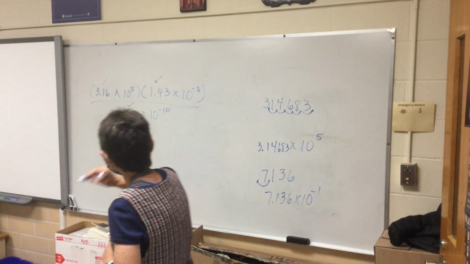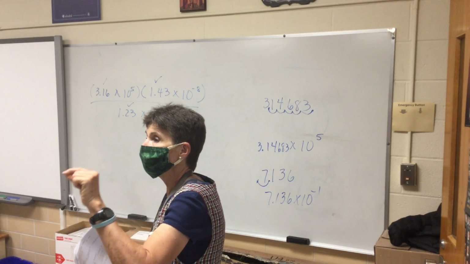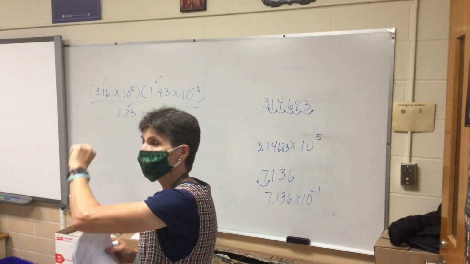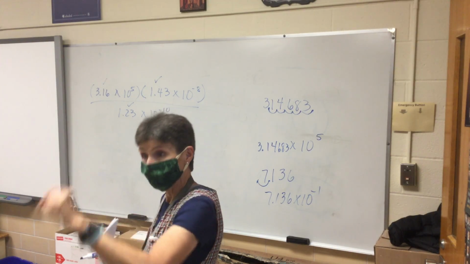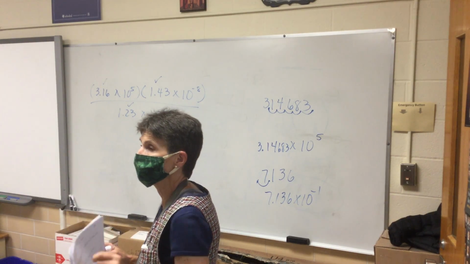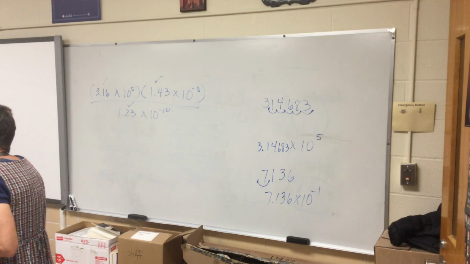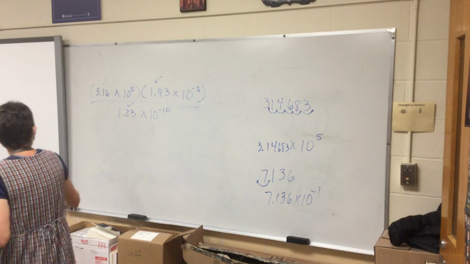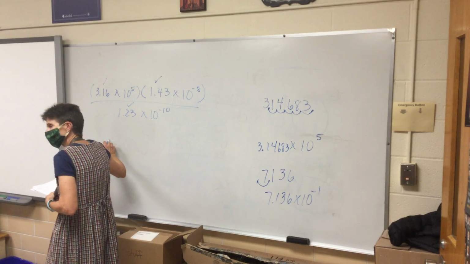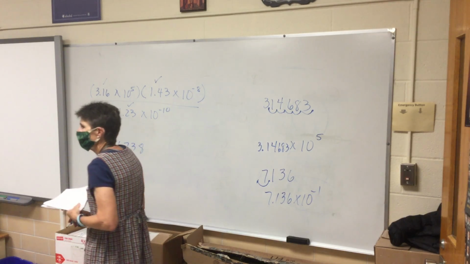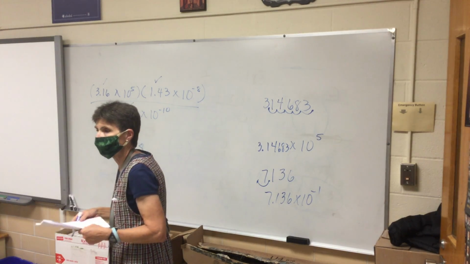So someone with a calculator, 3.16 times 1.43 divided by 1.23. So what is it? 3.6738. And maybe some more after that, even, but we'll stop there.